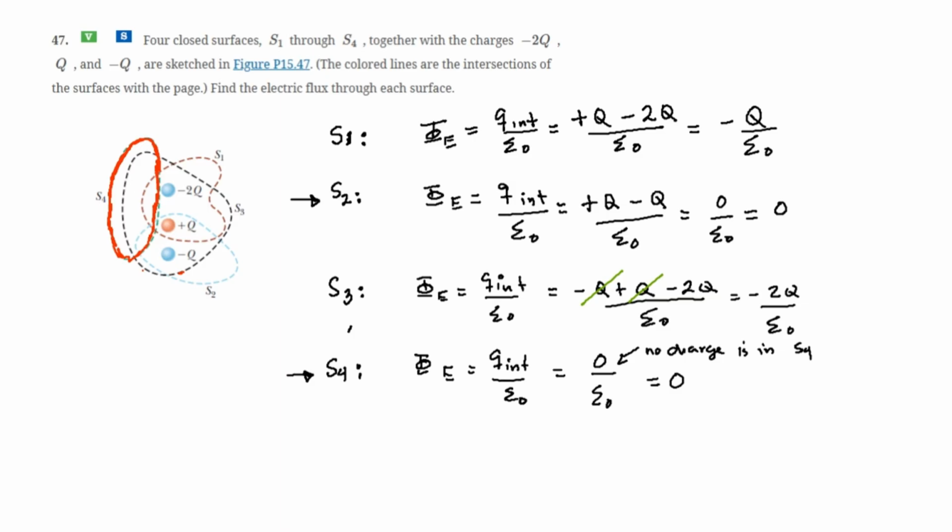In the fourth case, for the surface S sub 4, it's because we don't have any charge inside. Q interior is the sum of all the charges inside, so with no charge inside, Q interior is 0.